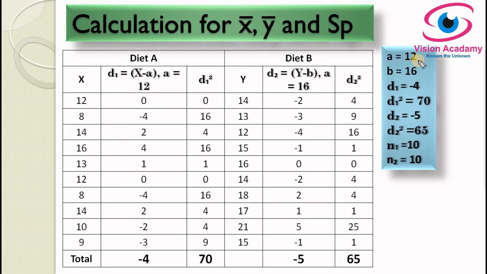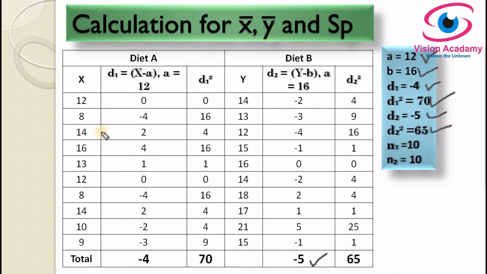A is the assumed mean of population 1, which is 12. B is the assumed mean of population 2. D1 is the population 1 deviation, minus 4, and D1 square is 70, the population 1 deviation square. D2 is minus 5, the population 2 deviation, and D2 square is the population 2 deviation square.